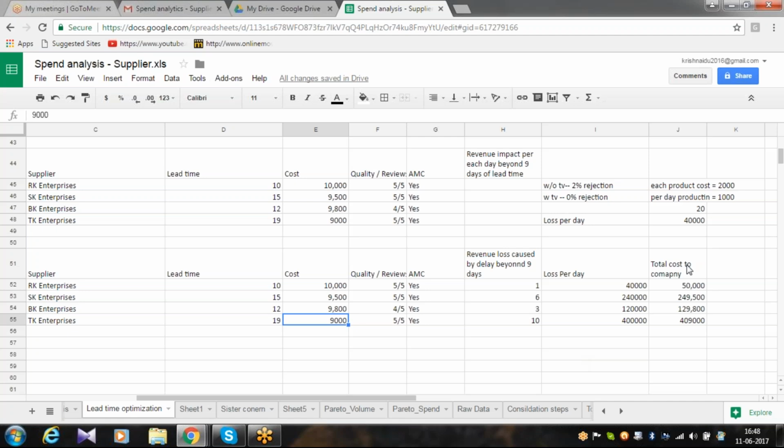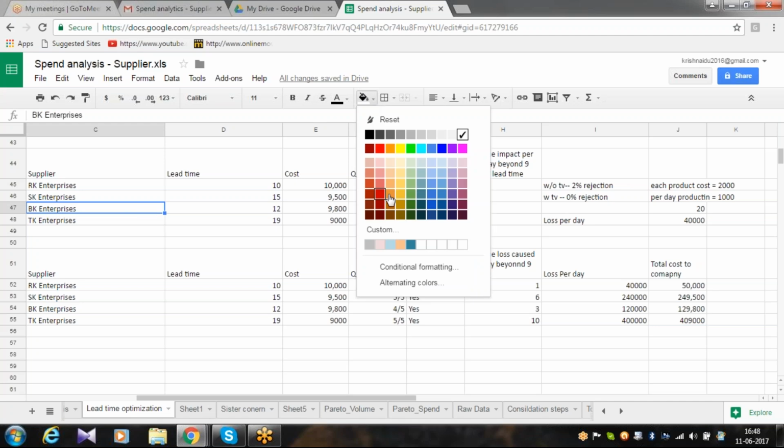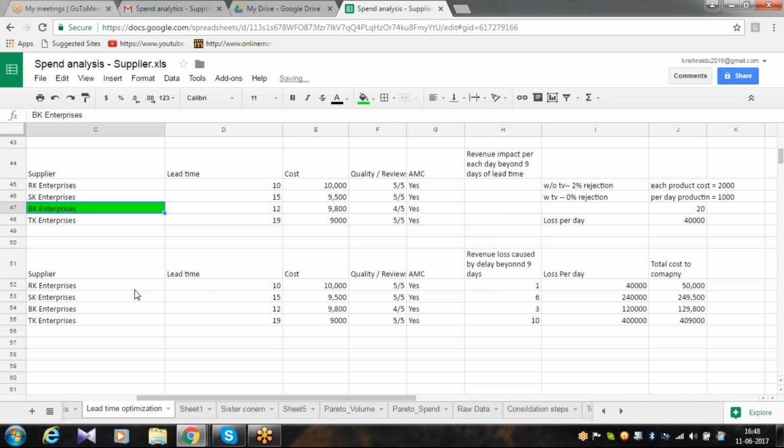Hence, the total cost to company is coming very high for a supplier whose cost per piece is very low, but the delay is very high. See, the entire equation has changed. Previously, BK Enterprises was the number one. Now RK is the number one.